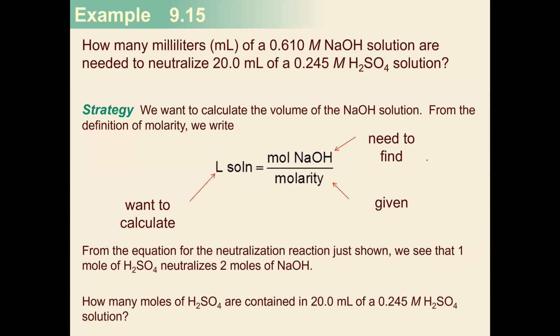So how many milliliters of a 0.610 molar sodium hydroxide solution are needed to neutralize our H2SO4? So let us go and write a balanced chemical equation to begin. So we have our sodium hydroxide, and we want to go and completely neutralize our H2SO4.